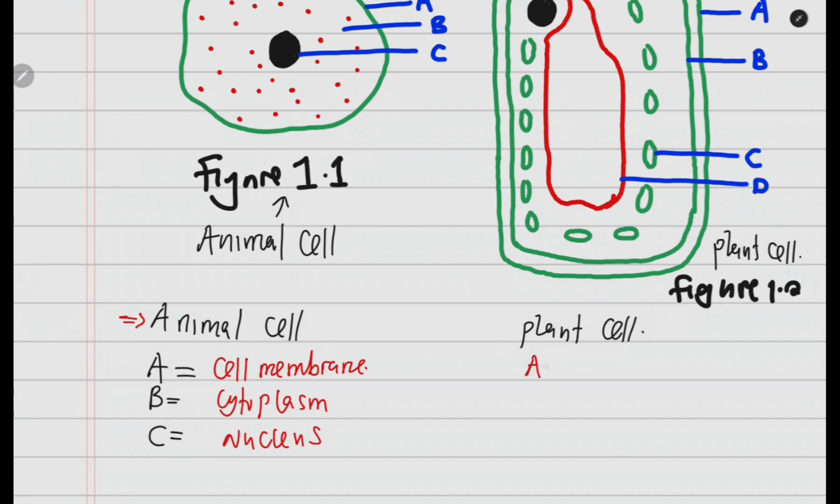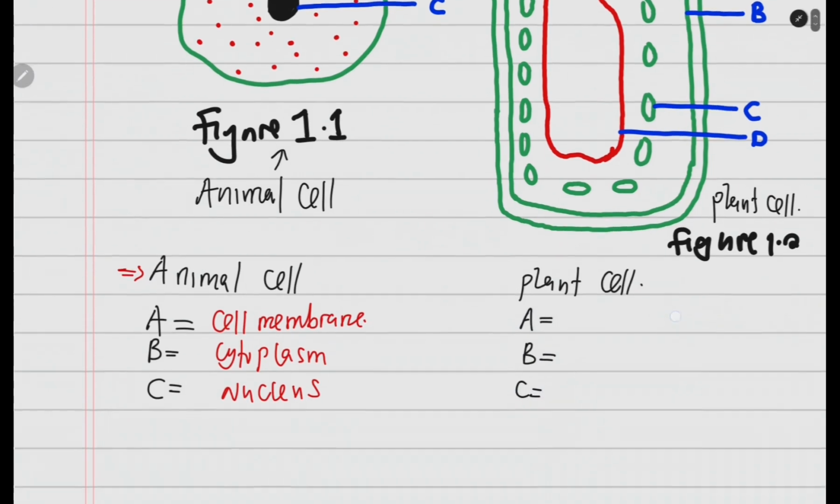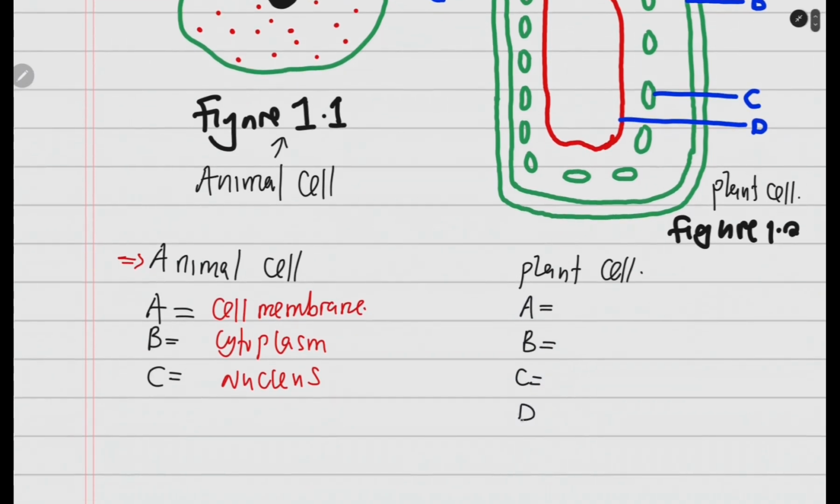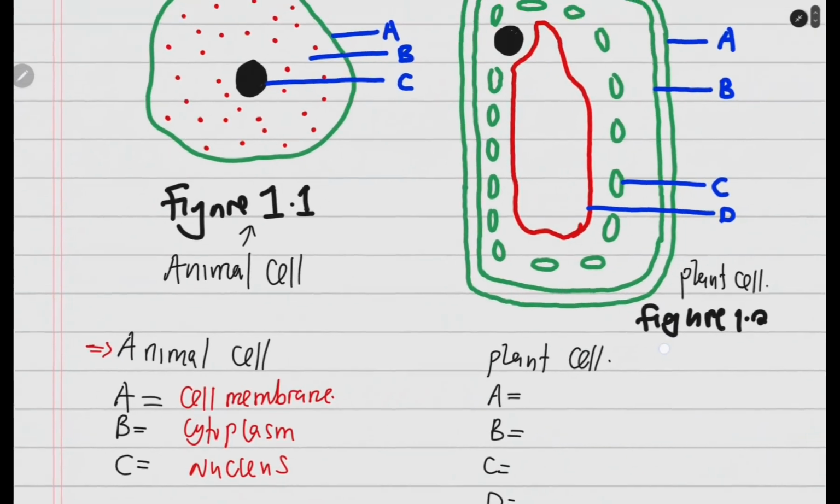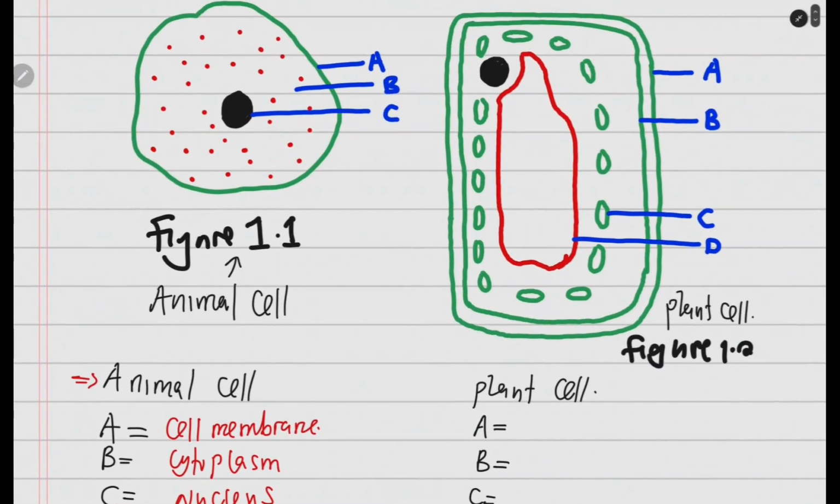So let us look now at the plant cell. We have A, B, C, and D. What is the part labeled A? Look at this. The animal cell only has a single layer outside, but for the plant cell, you can see there are two layers.